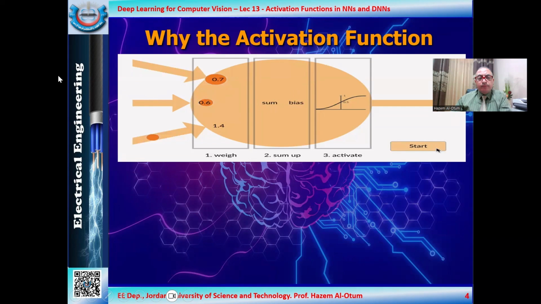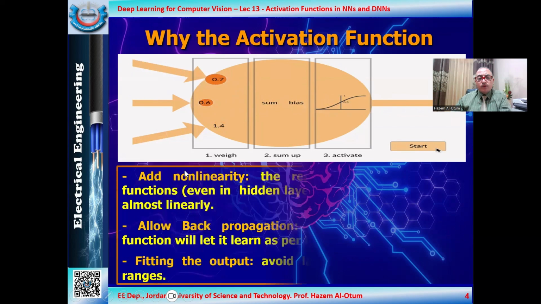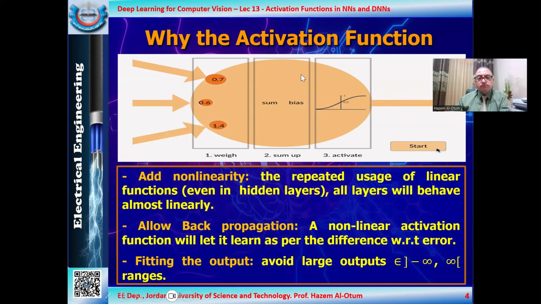As you see here, we have the inputs from here. So we multiply them by the weights, then we sum, add the bias, and apply the activation function to get the output as a result of this operation. So what are the main purposes of the activation functions? Step one, to add nonlinearity, as we have just mentioned before.